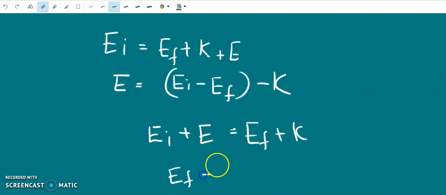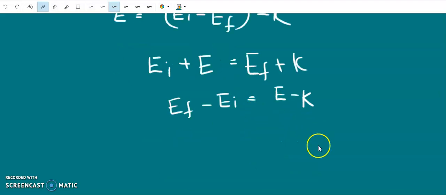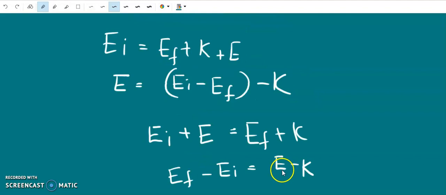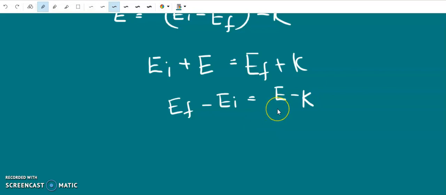So EF minus EI is equal to E minus K. So the energy available in the absorption process is the photon energy minus a small recoil energy. This recoil energy is usually negligible.